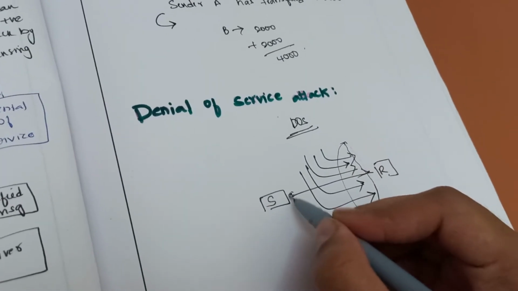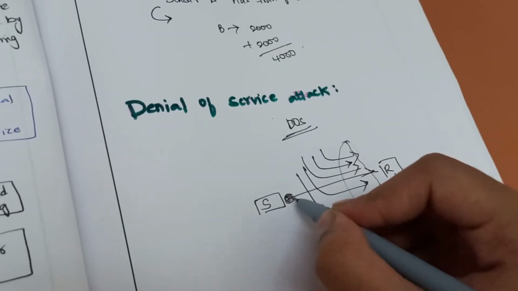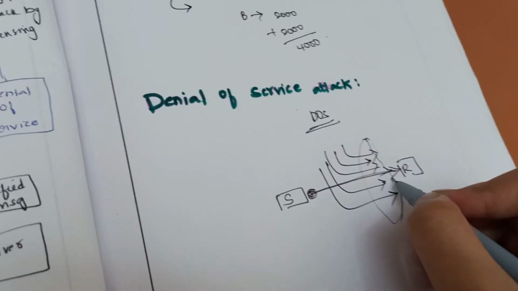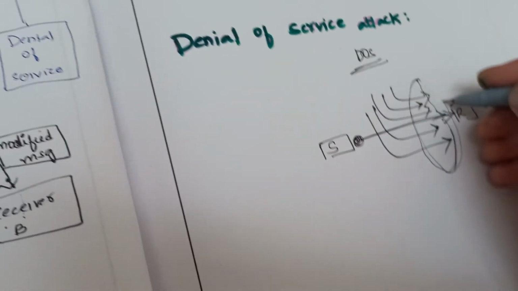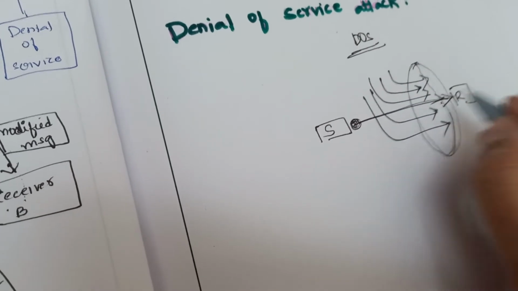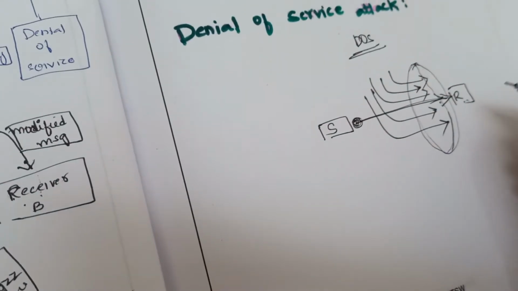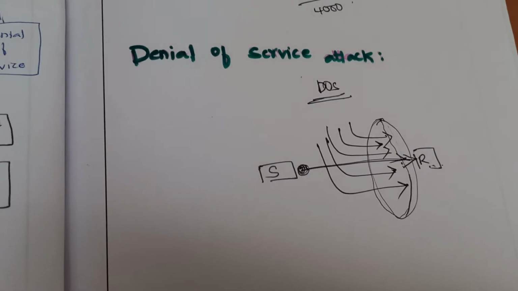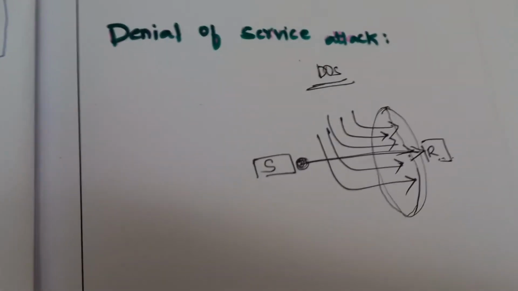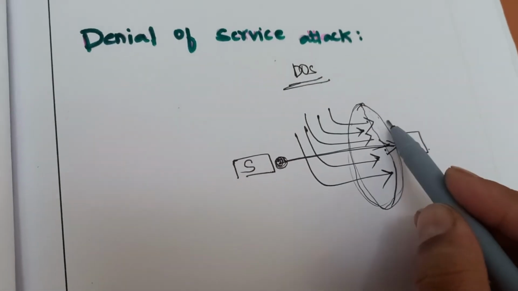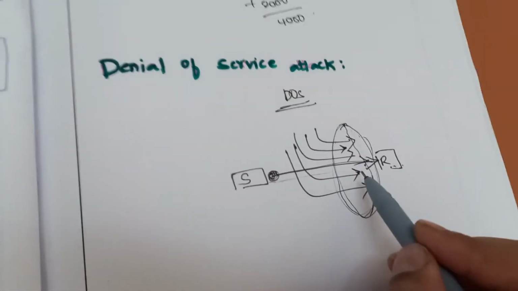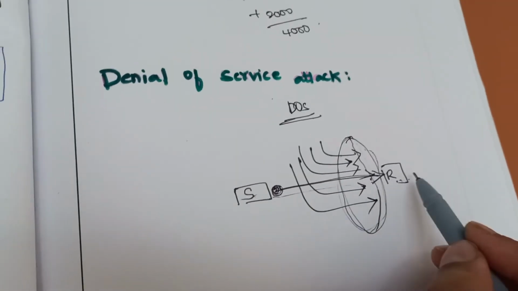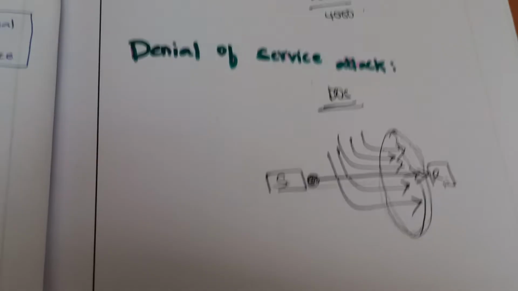The actual message may lose its availability to reach the receiver, or it may be lost among many such messages and cannot be read successfully by the receiver. As there are many such messages, we cannot identify the actual message, and the availability of this message reaching the receiver may be nil.